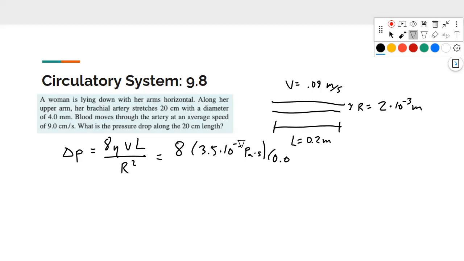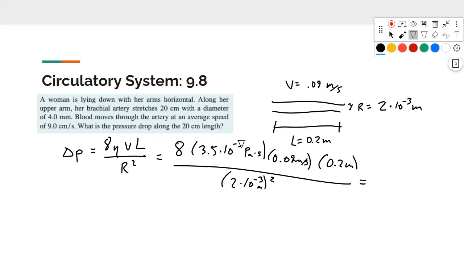The velocity is 0.09 meters per second, and the length is 0.2 meters. And then we divide by the radius, 2 times 10 to the minus 3 meters squared. Let's see, if I calculate this really quick. So we have minus 3, minus 2, minus 1, or minus 6.